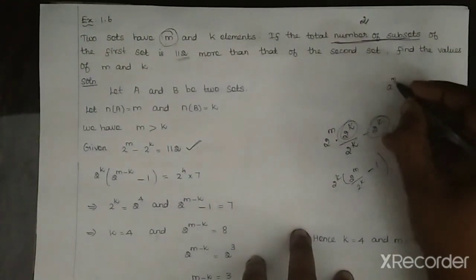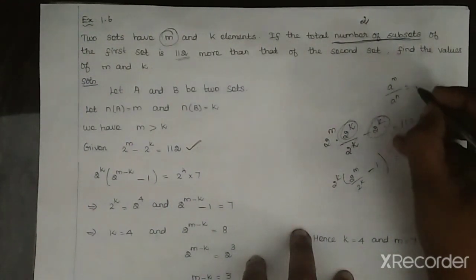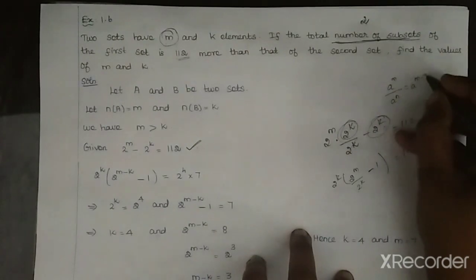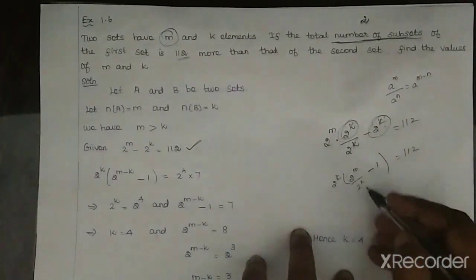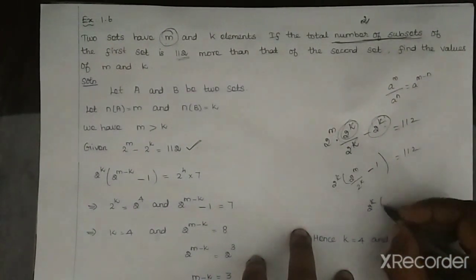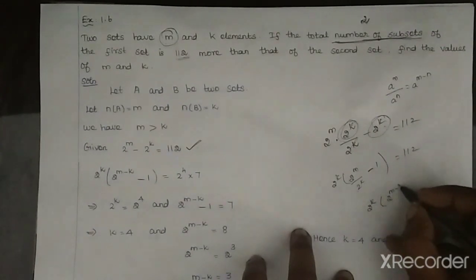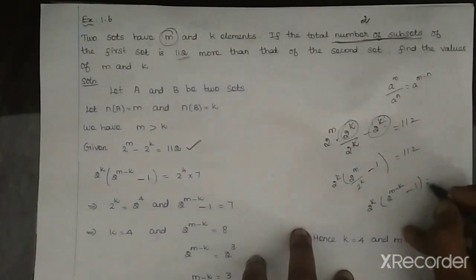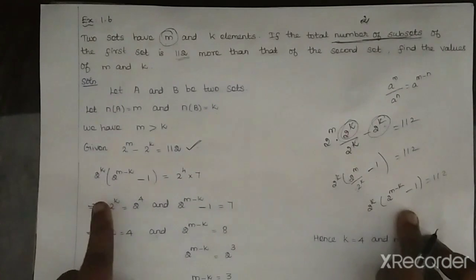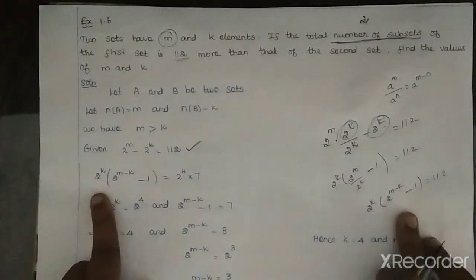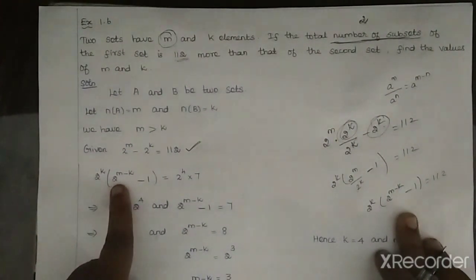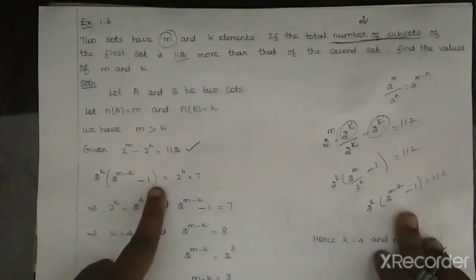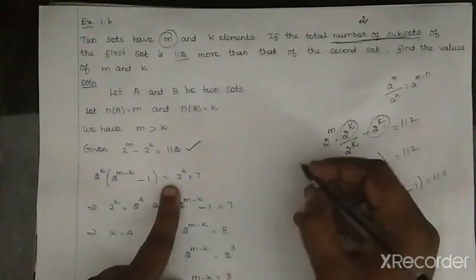In smaller classes you have learnt a power m by a power n is equal to a power m minus n. So we have to apply this formula here. So that is 2 power k into 2 power m minus k minus 1 equal to 112.